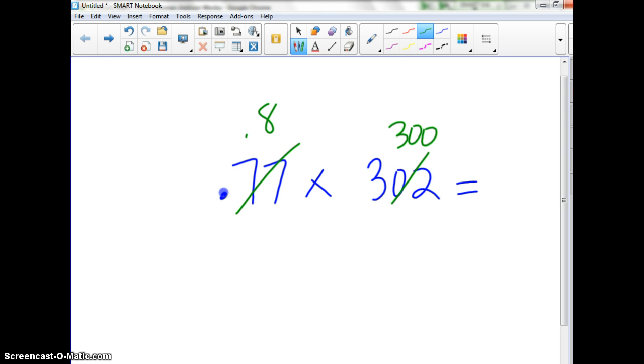So now 8 times 3 is 24. There were 2 zeros to put in. How many spots do you need to move the decimal? 1. Unless you added another 0, then you would move it 2. So your final answer is Roadrunner. 240.